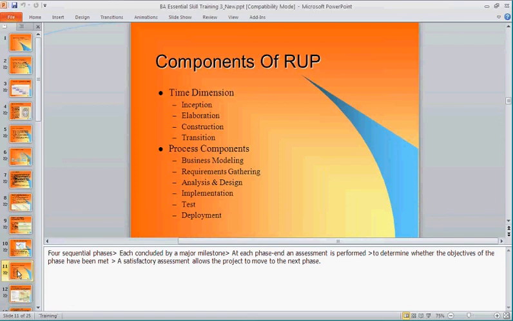So likewise, requirements. Because we are following the object-oriented approach, we are gathering requirements in the inception phase, correct? Because it is our requirements that will determine our project timeline and project budget. Yes or no?